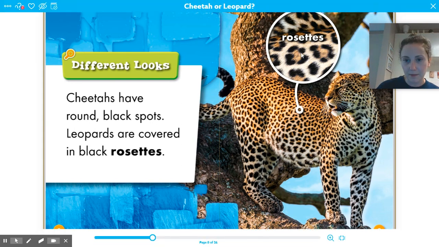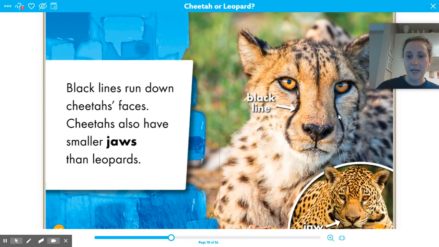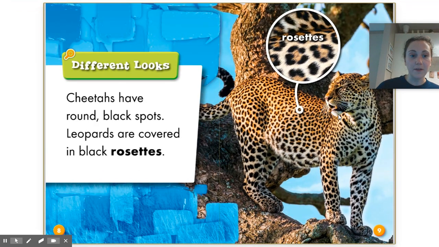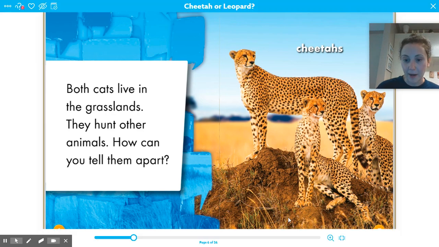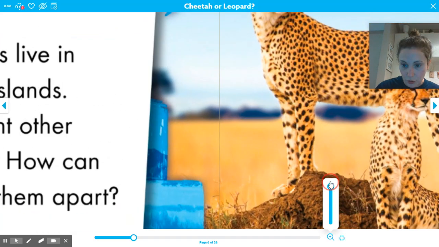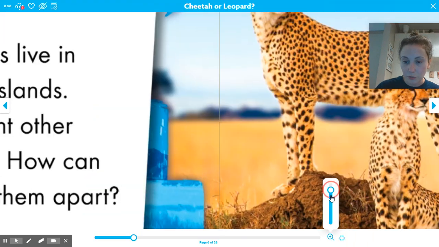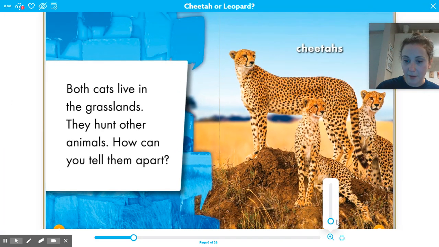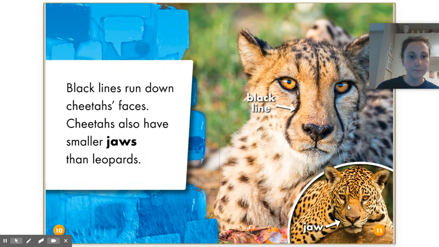Here's the middle, and then these are the petals. So leopards have these rosettes, which is different than cheetahs, which just have the round black spots, which you can see right here. Let's actually do our own zoom in on this page. Do you see how their spots are just little circles? So cheetahs have round black spots. Leopards have these rosettes.